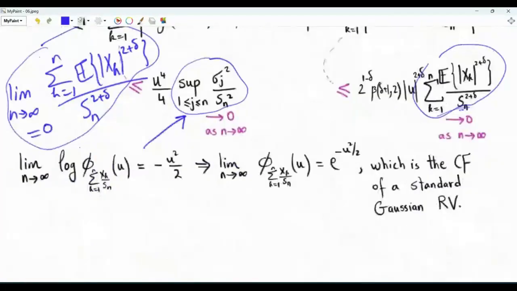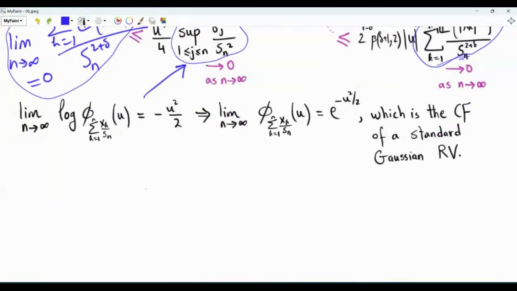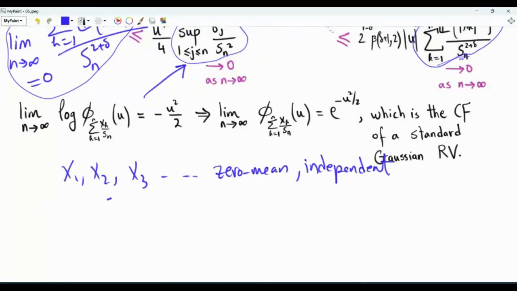So the characteristic function converges to e to the minus u squared over 2, which is a function that is continuous at the origin at u equals 0. And this is the characteristic function of standard Gaussian. So what is our result? If we have a sequence of random variables, those are 0 mean and independent, and we have basically that every one of those absolute moments is a finite number.